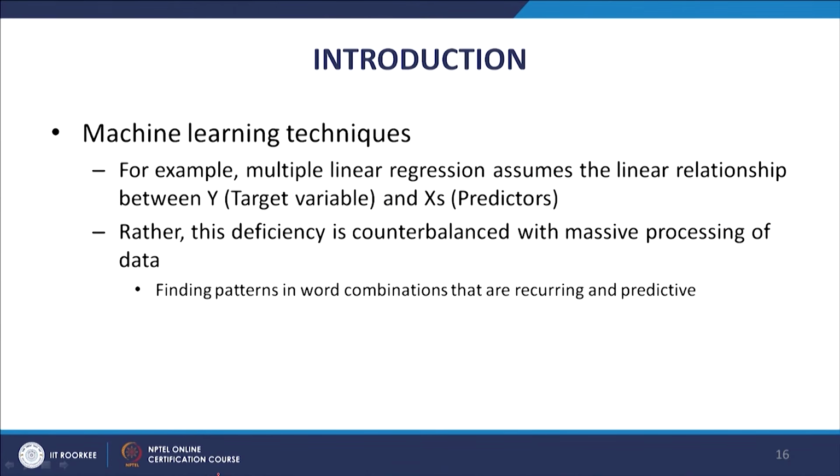So we don't make a priori assumptions about those structures. But lack of these assumptions might create certain deficiency in machine learning techniques, but that is very well counterbalanced with massive processing of data.